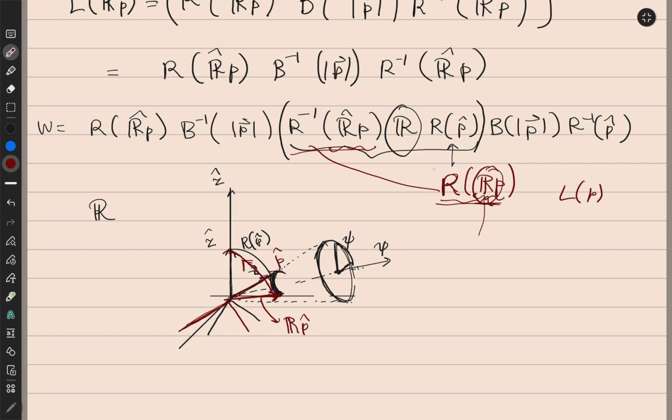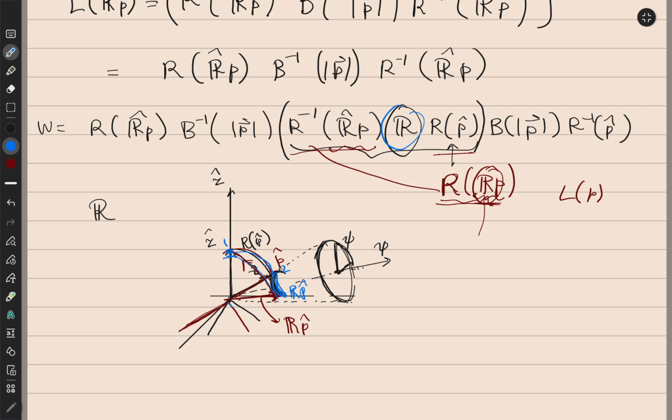Again, the first one, R of P, brought Z cap to this P cap. Then, let me change color, Z cap to P cap, 1 to 2. Then doing the rotation moved us around on this conic surface. So now I am at R P cap, and then R inverse of R P cap by definition is a transformation that brings everything back to Z cap.